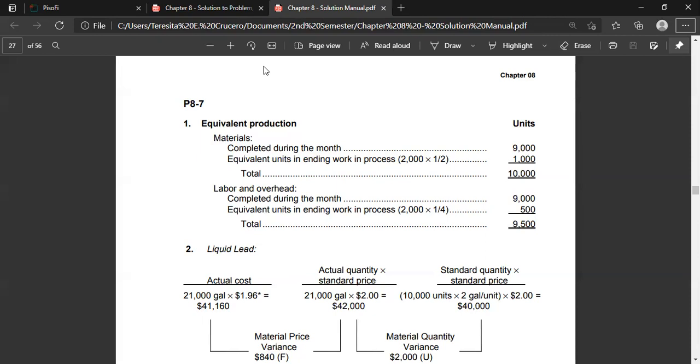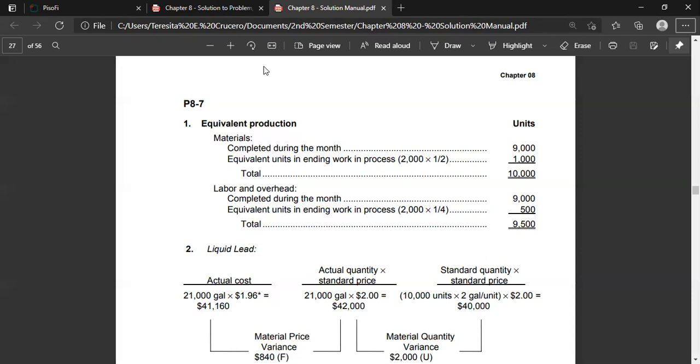For labor and overhead, completed during the month 9,000, and the equivalent units in ending work in process. This stage of work done generally is 1/4, so you get 500.